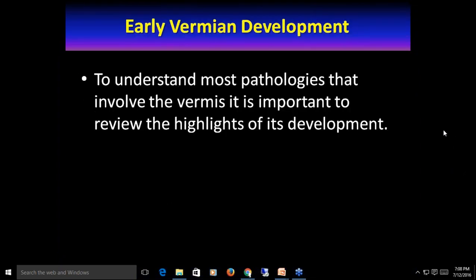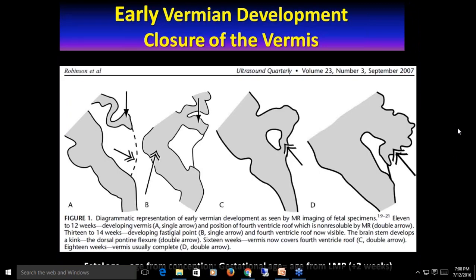To understand most pathologies that involve the vermis, it is important to review the highlights of its development. Let's talk a little bit about the early vermian development, especially as it relates to closure of the vermis. Robinson et al. published this diagram, a representation of early vermian development as seen by MR imaging of fetal specimens.